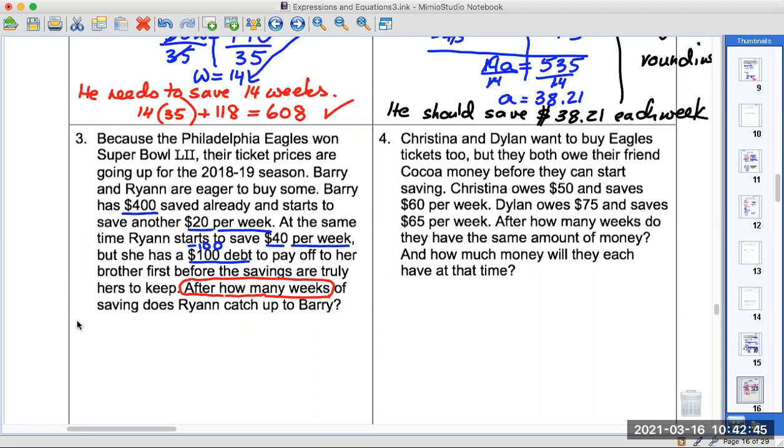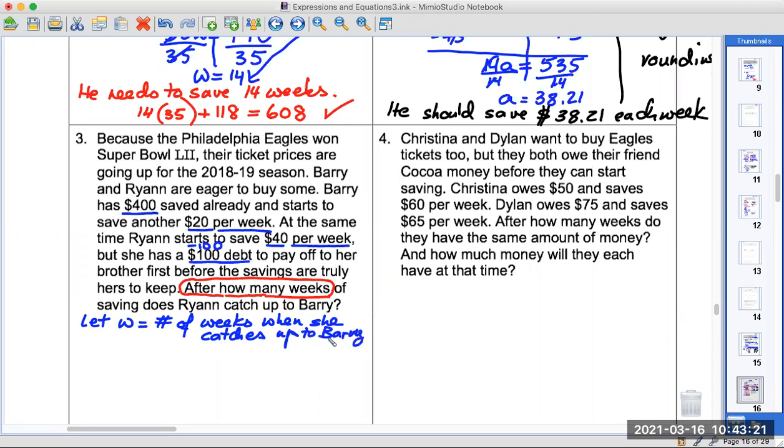So remember, first thing, identify your variable. Let, you can also make an L like this. You don't have to write it like me. Let W mean the number of weeks when she catches up to Barry with her savings.